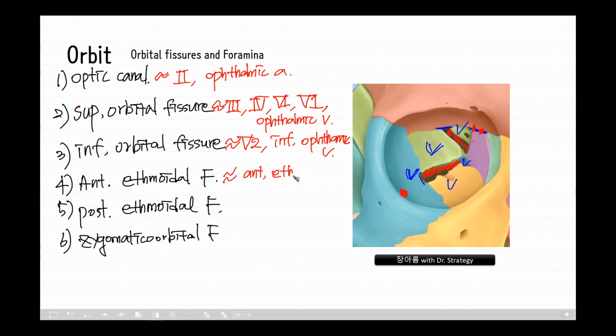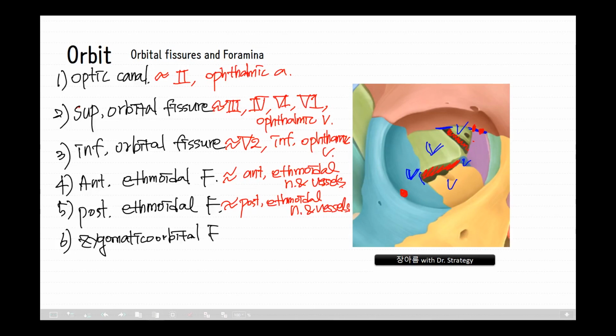anterior ethmoidal nerve and vessels, and posterior ethmoidal nerve and vessels pass through their respective foramen. The foramina open into canals that transmit their vessels and nerves into the ethmoidal sinuses, anterior cranial fossa, and nasal cavity. Zygomatico-orbital foramen.